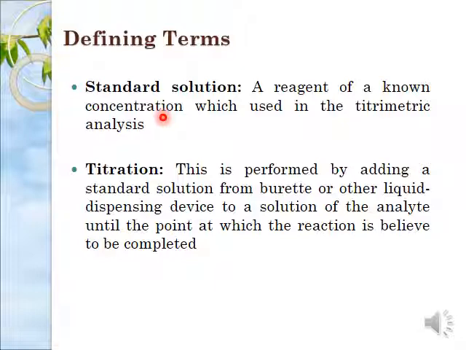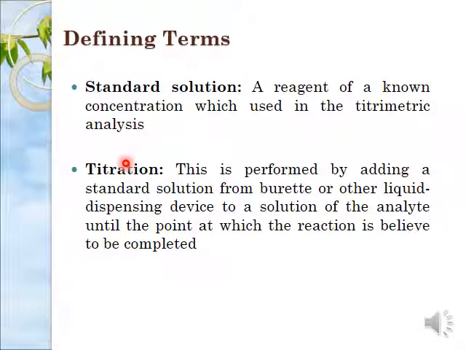When you do titration, like the first experiment that you have done, you prepared standard solution of sodium hydroxide, which will be used in the titrimetric analysis. So you know the concentration of the sodium hydroxide. The next term would be titration.